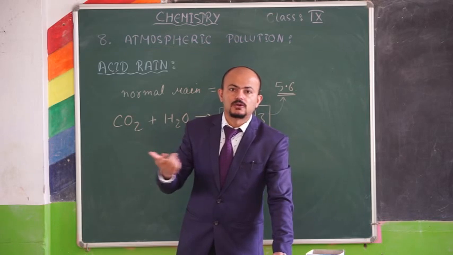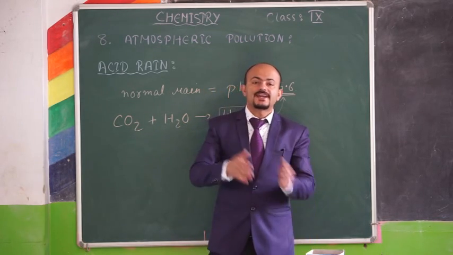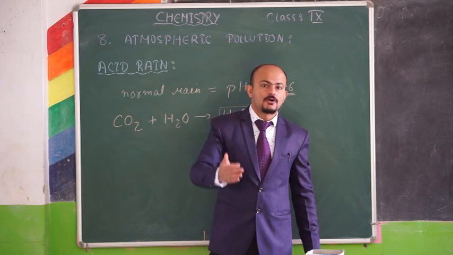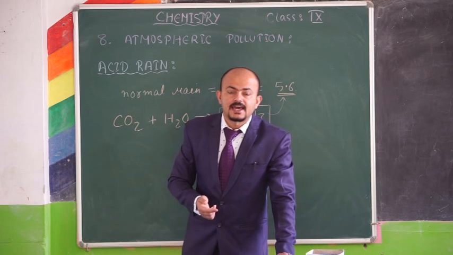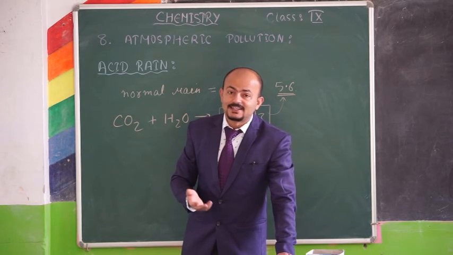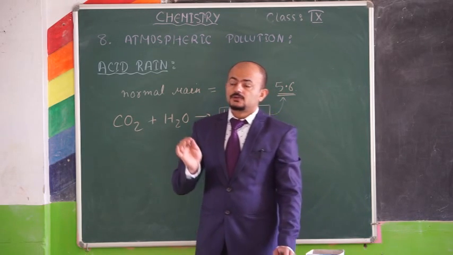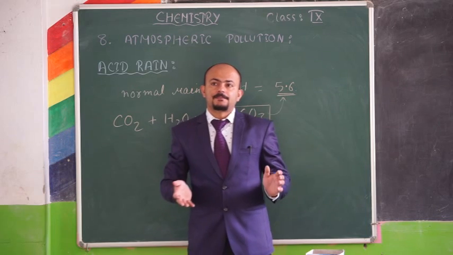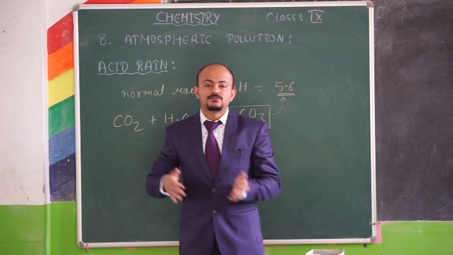And in atmosphere you always have water vapor. Now whenever they get dissolved or react with water, then they form two acids, and these are strong acids: nitric acid and sulfuric acid. And because of this we get acid rain. So now the question is, from where these oxides of nitrogen and oxides of sulfur come to the atmosphere?